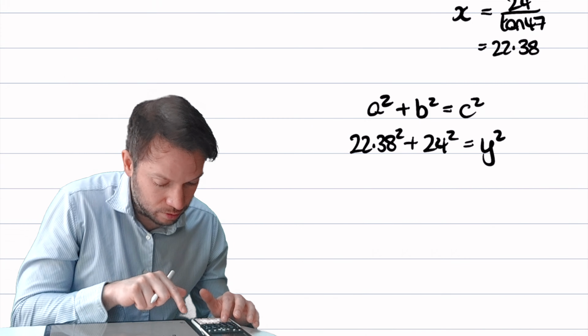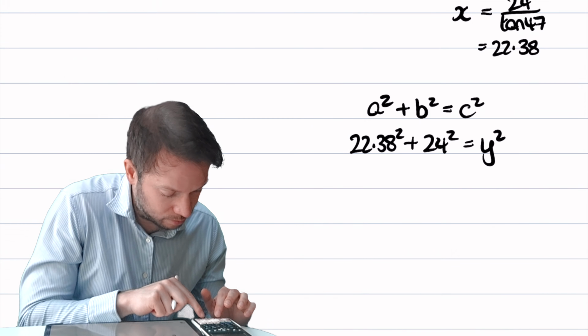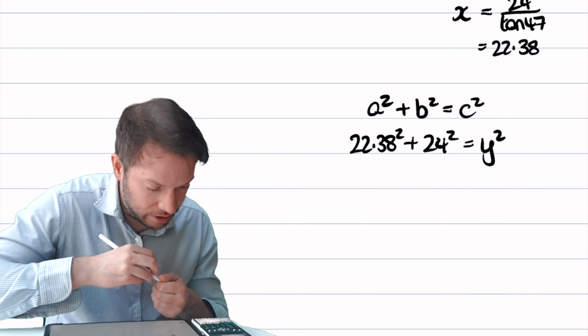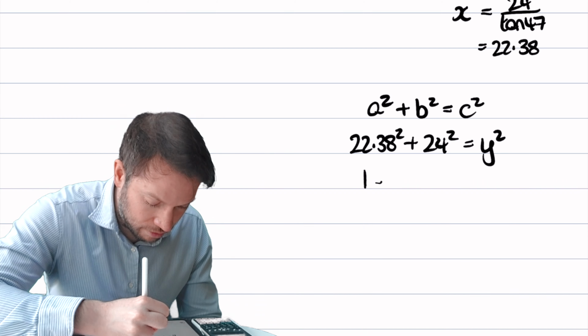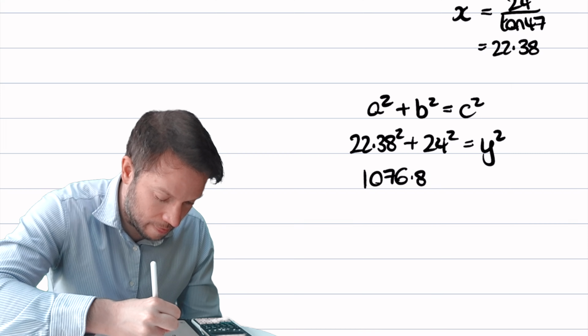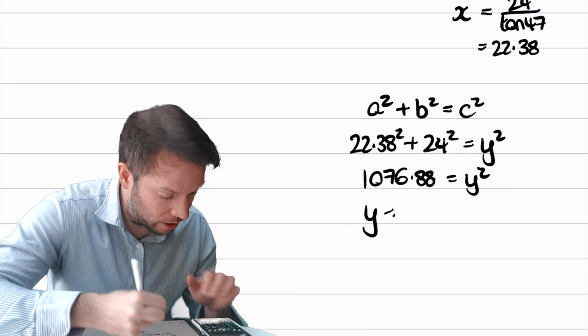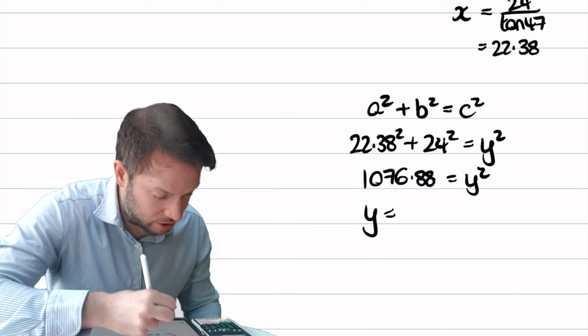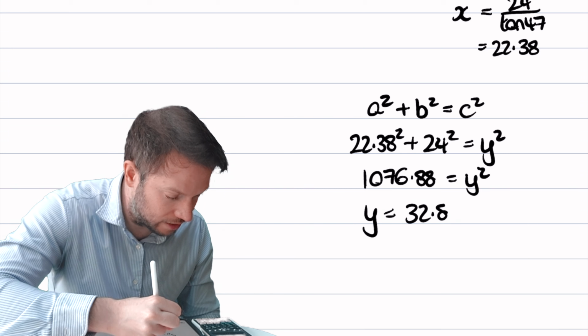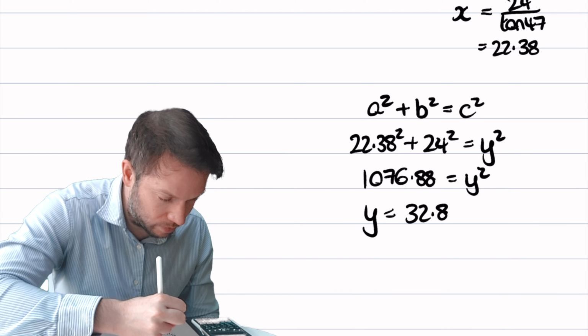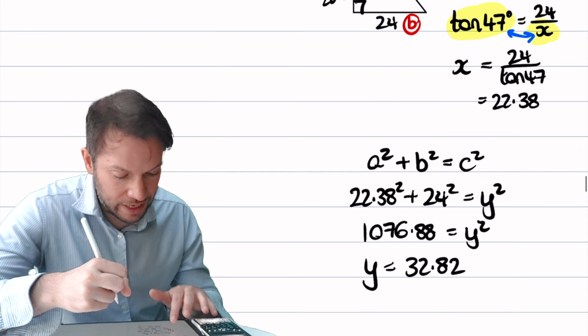Now, if I just do 22.38 squared plus 24 squared, that is equal to 1,076.88. And then you just square root both sides to get rid of the squares. You get y is the square root of this, which is 32.82, let's say.